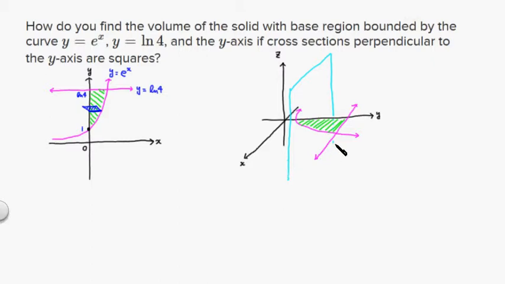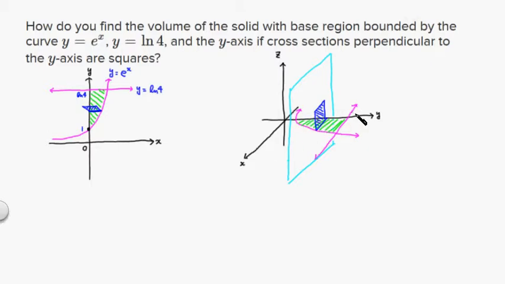Then the cross section with this plane perpendicular to y is going to look somewhat like this. So it's going to be a square. Maybe it's going to look more like this. So this is the cross section, which is a square.